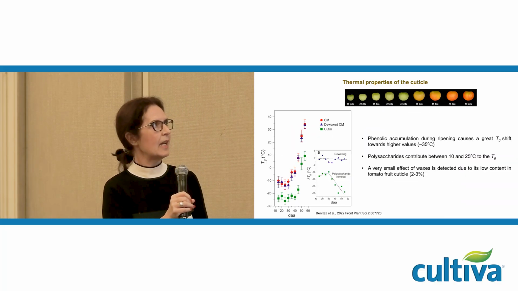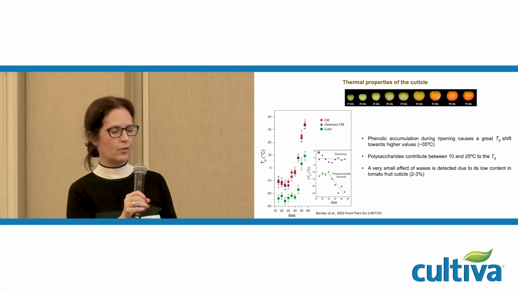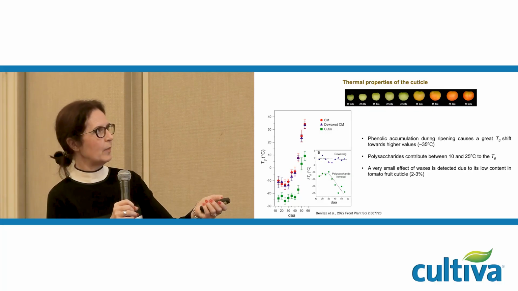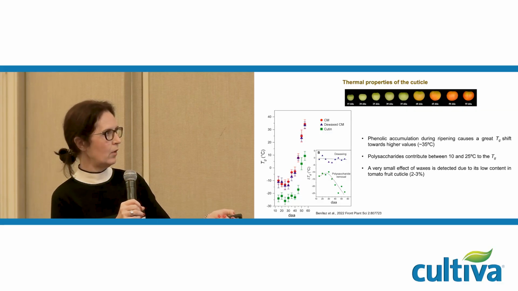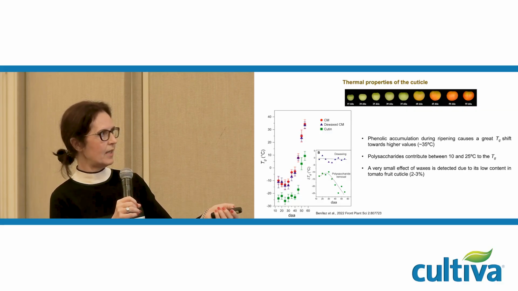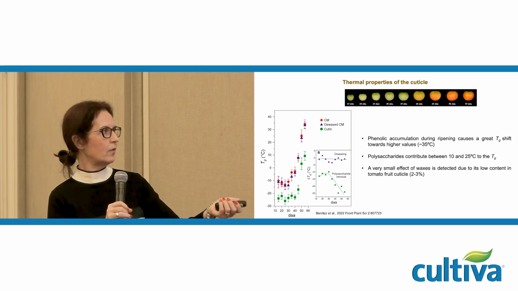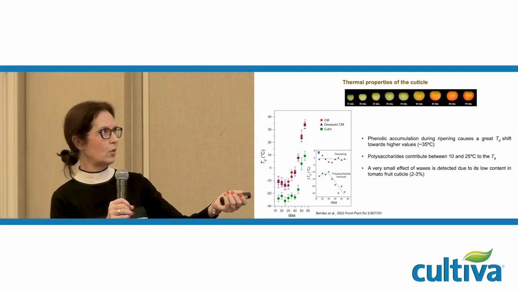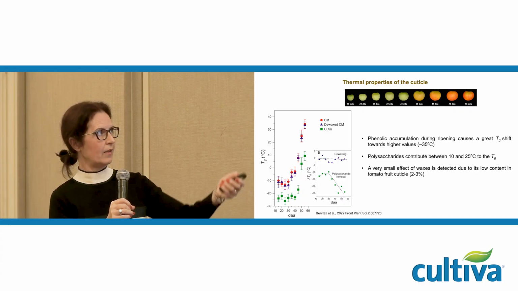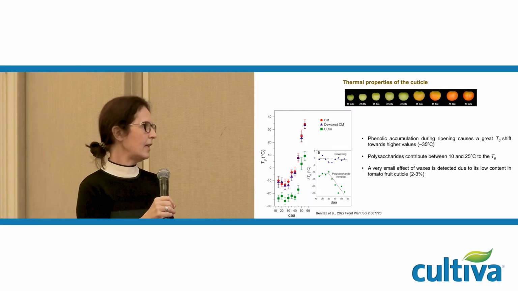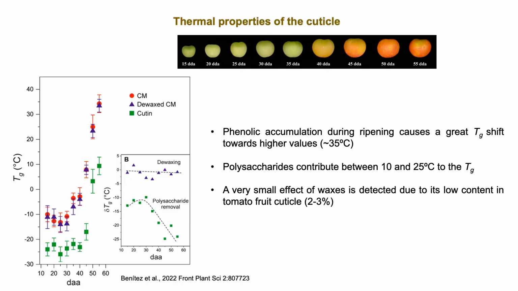Again, the glass transition temperature changes during development. Here we have a favorite model, tomato, and we can see how during growth, during the early stages, the glass transition temperature is below 0. Since tomatoes cannot grow under those conditions, we can assume that the cuticle will be, during these stages, in a very flexible and deformable state, and it increases dramatically during ripening.